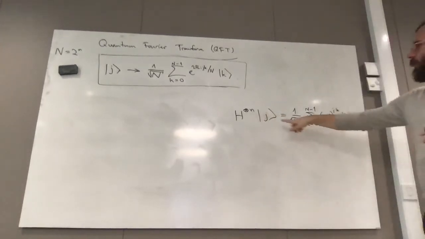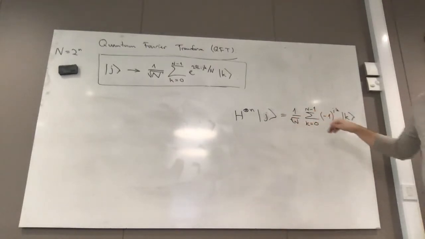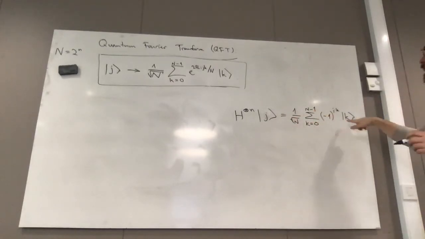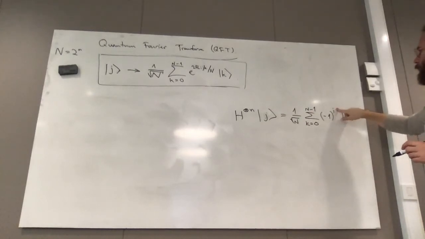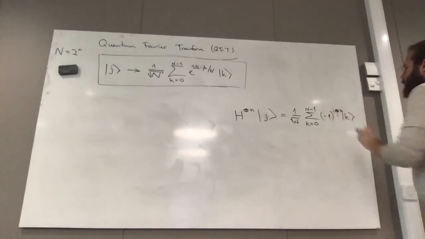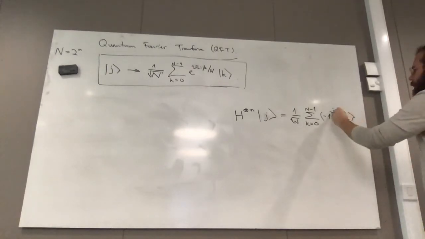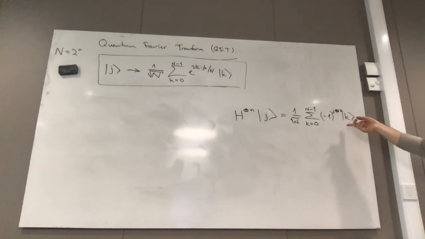So if you take the bitwise inner product, or the XOR, of the J and the K, to bring this into proper computer science language, we should probably write it like this. And if this bitwise inner product is equal to 0, then it's a positive phase.